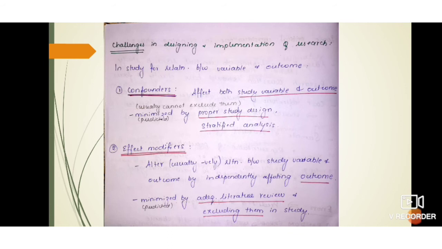And then come the effect modifiers. Effect modifiers usually alter the result negatively. They have some relationship between the study variable and the outcome, and can independently affect the outcome. They can be minimized by adequate literature review, hence studying them beforehand and excluding them from the study.